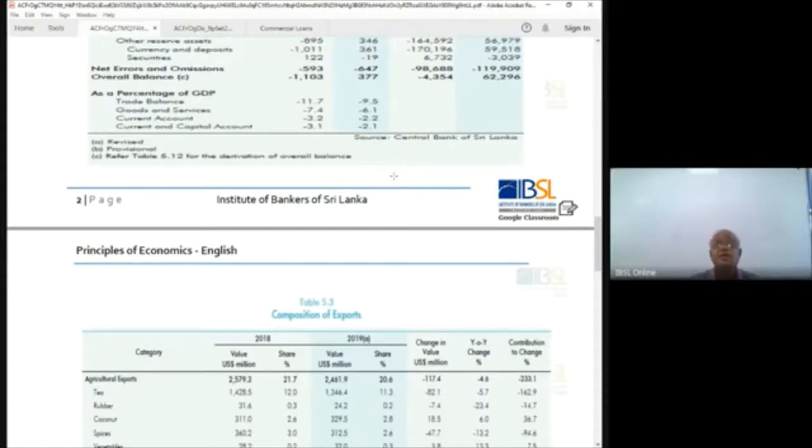Foreign reserves are important. It is your creditworthiness. Depending on that, when you borrow or get loans, your interest rate also matters. For example, take a household. At the moment you have assets: your car, your house, your jewelry, and sometimes financial assets like treasury bills, treasury bonds, and shares.